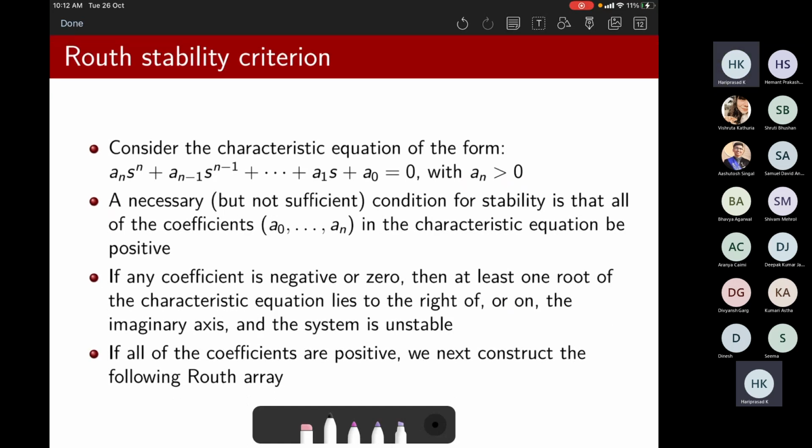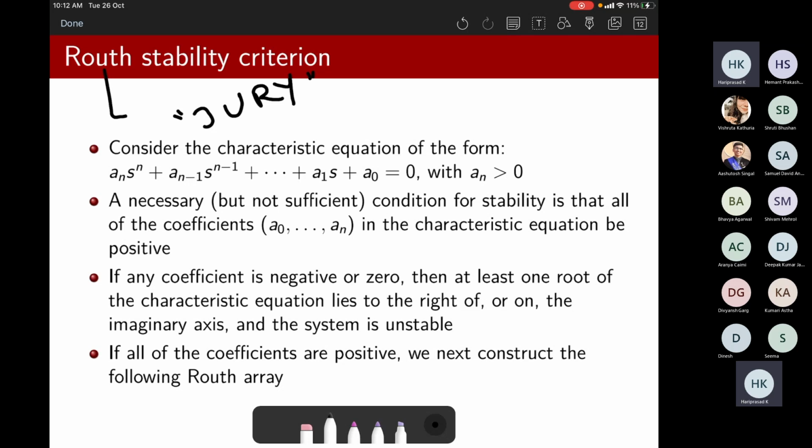So Routh and Jury were the two people who figured out that this is definitely not a problem of control systems. This is a problem of finding the roots of a polynomial. Your transfer function denominator happens to be a polynomial, so we are checking its roots. It has no specific bearing on any process control or even control theory.